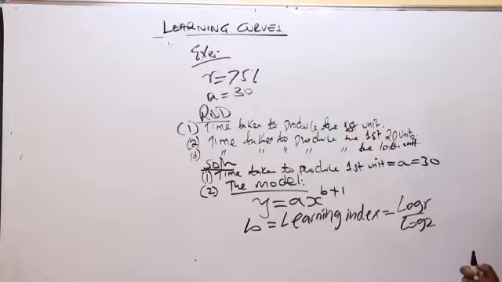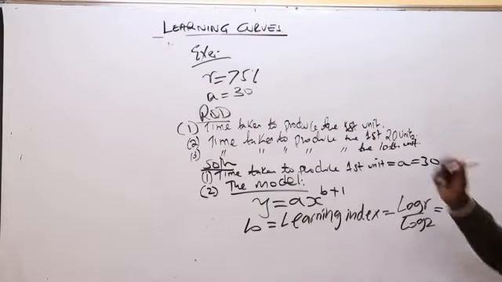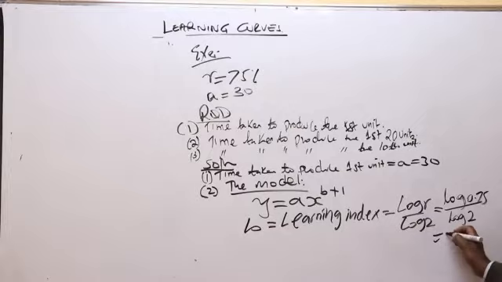John has already gotten the answer. Auma has also gotten some answer there. So log r is the learning rate, which has been provided there as 75%. So then this will be log of 0.75 over log of 2, which I'm able to see somebody giving us a figure of negative 0.415.